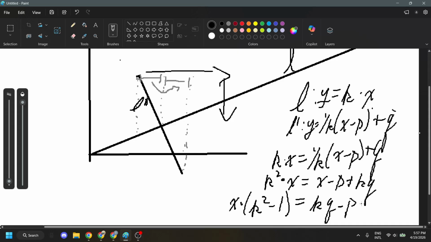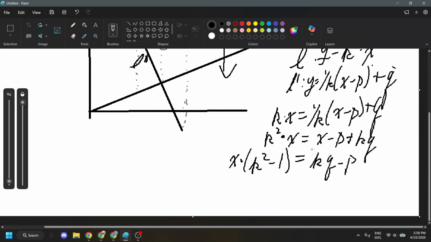Huh. I don't know what this is really telling me. I mean, I have a formula here for the intersection point. I'm trying to find the x-coordinate of the intersection point. So x is equal to kq minus p over k squared minus 1. This is the x-coordinate of the intersection point.